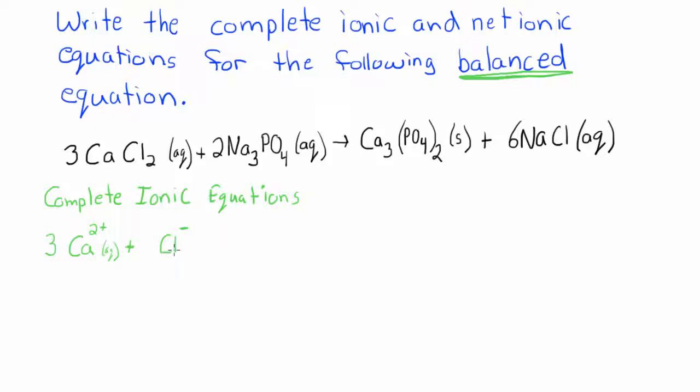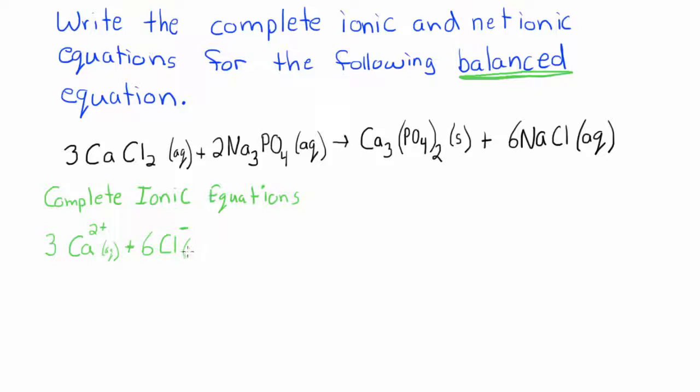It's just Cl. So when this calcium chloride breaks up, there's going to be 2 chlorides. And we actually have 3 of these calcium chlorides in this balanced equation. So that means we'd have 3 times 2, which is 6 chlorides altogether floating around.